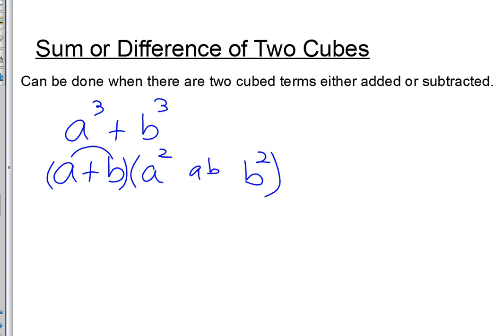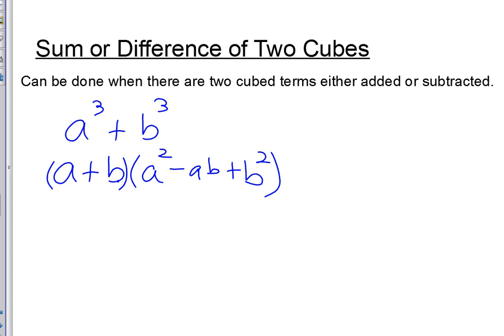But because I want it to cancel out, if this is a plus sign, I'm going to put the opposite and put a minus sign there. And again, this last number right here, since this was created by multiplying b times itself, or b squared, it's always going to be positive. So this is the pattern we use to factor a cubed plus b cubed.